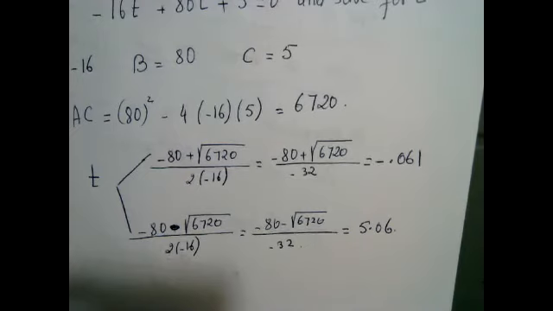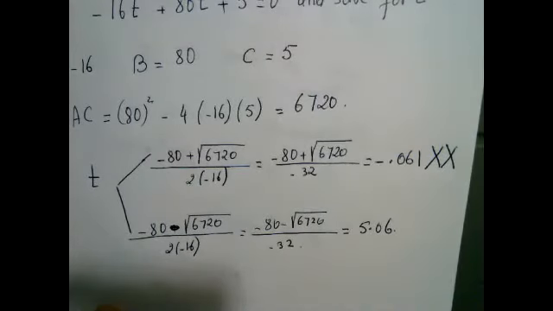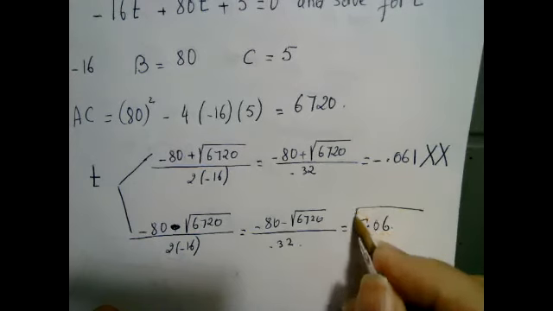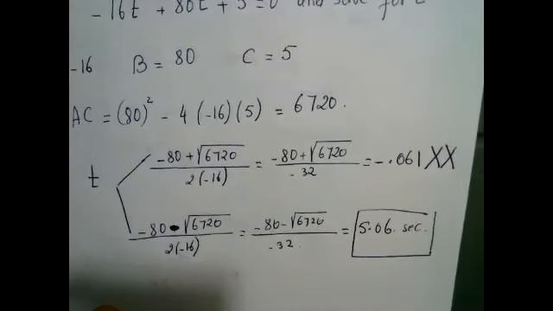Anybody close to me? All right, so the first definitely doesn't work because it's negative, and we're dealing with time. So the stone hits the ground after 5.06 seconds. And now we know basically everything there is to know about the stone. So now what next?